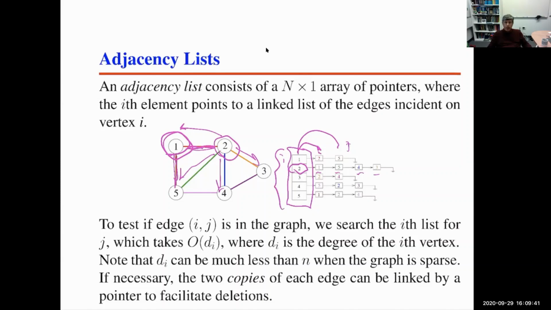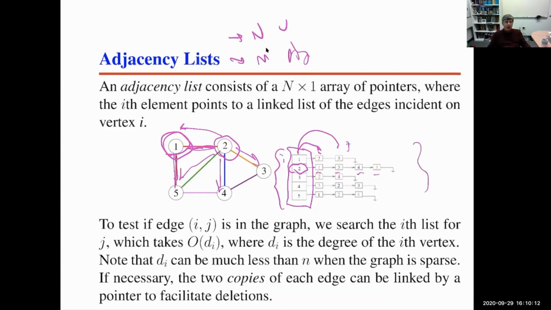Okay? How many elements will the linked lists have? If I have n vertices and m edges, how many elements will be on my linked list? Okay, if I have a graph with n vertices and m edges, what is the total size of my linked lists?